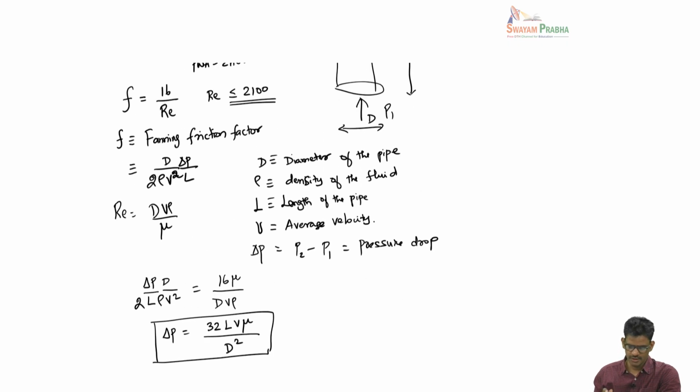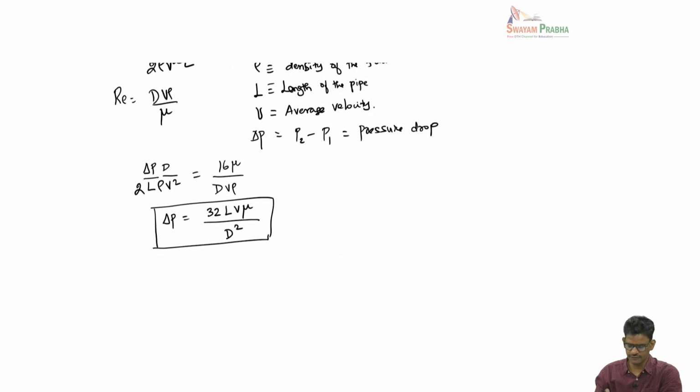Either you must have studied this in the friction factor formula or in terms of an explicit expression for delta P. Either way. Clearly this is a very nice and useful equation, because it tells you quantitatively how the pressure drop delta P will vary if you change the length of the tube, or the fluid properties like viscosity, and the flow rate, in this case velocity.